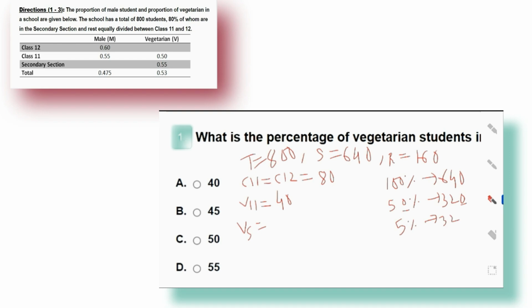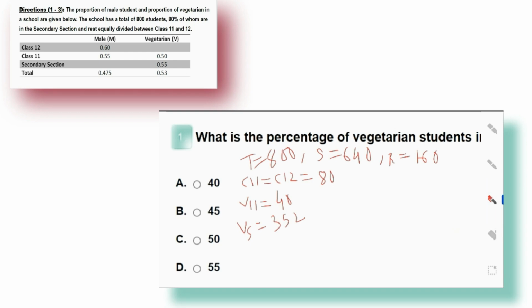That is just adding 320 plus 32, that is 352, right? So 352 is the total number of vegetarians present inside the secondary section. Okay, so I hope you got it. Let me remove this as the space is very limited.